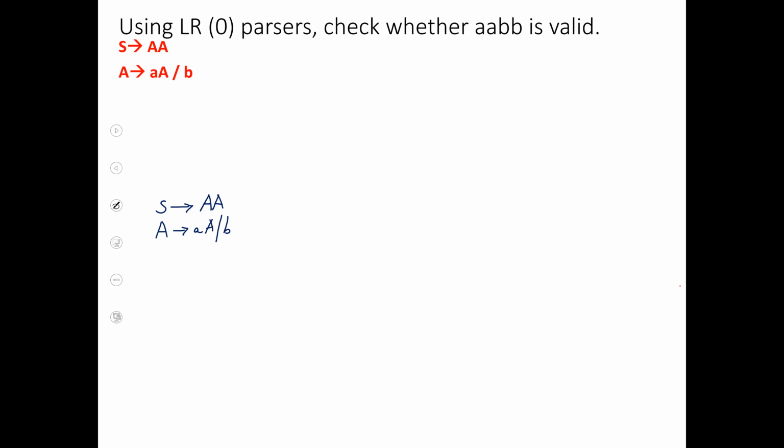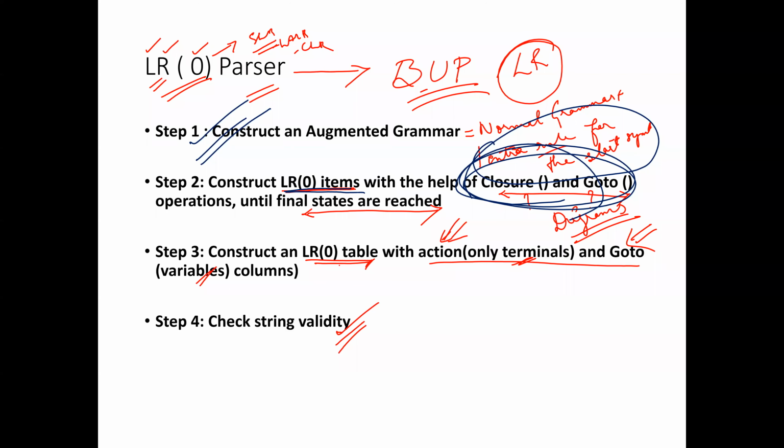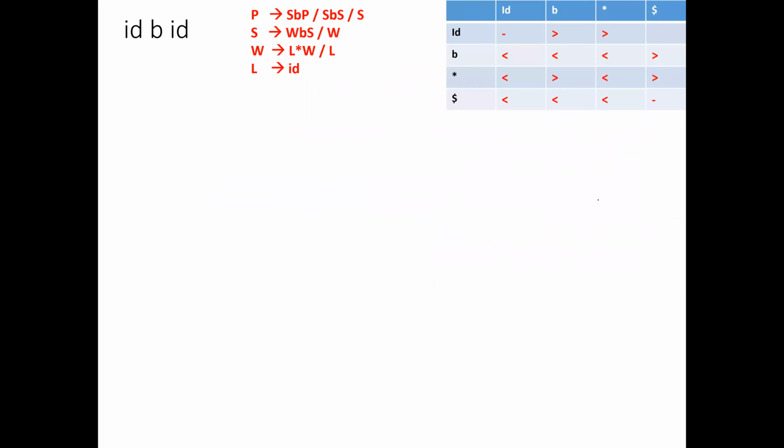This is my normal grammar. Now, I am going to add an extra rule. So I simply add S' is nothing but S. Now, these 3 rules together, you call it your augmented grammar. So I'll go once again. You're done with step number 1, augmented grammar.